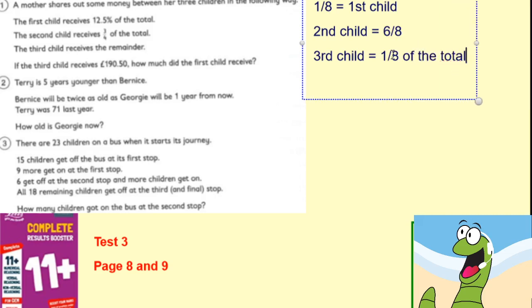Which means the third child would get the remainder. 6/8 plus 1/8 is 7/8, so the third child also gets 1/8 of the total.